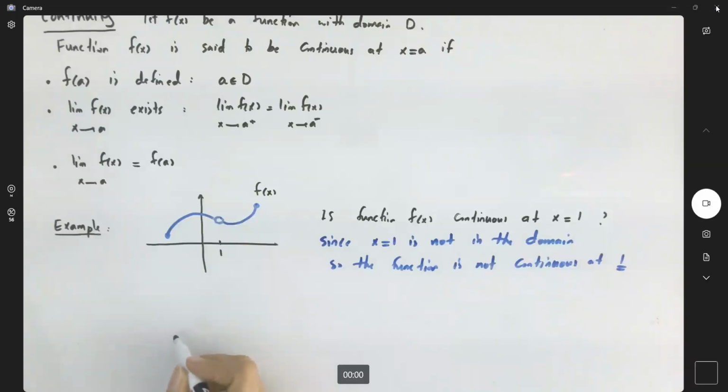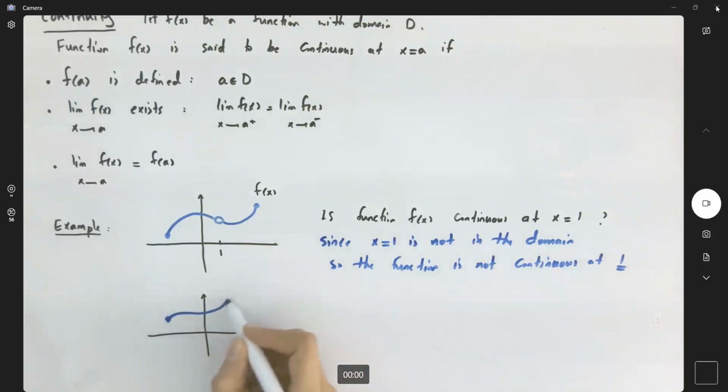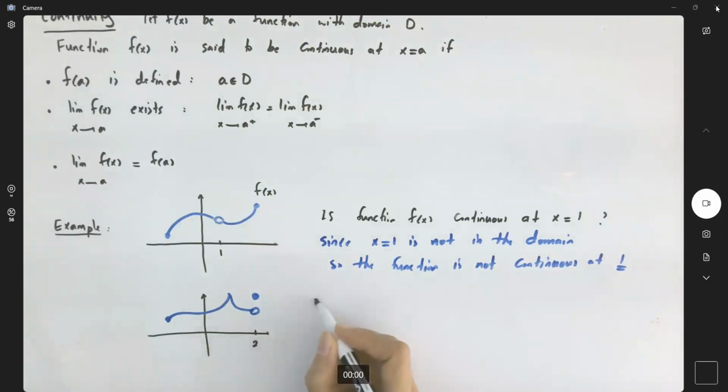What about function g? Suppose we define function g to behave like this. And we want to analyze the continuity of the function at 2.